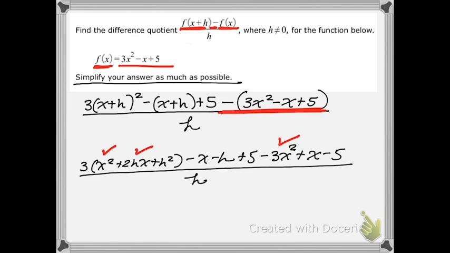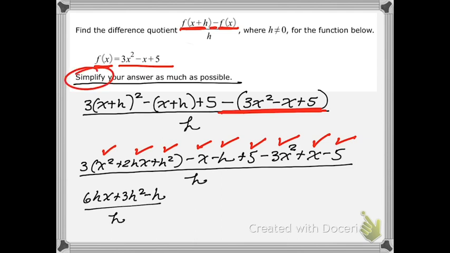And then I've got 6hx. Do I have any other hx's? No, it doesn't look like it. And then 3h squared, and no other h squareds, so that would be plus 3h squared. And I've got minus h, and minus x, and then there's a plus x, they zero out. Minus h, bring that down. Plus 5, minus 5, so those zero out. And then over h.